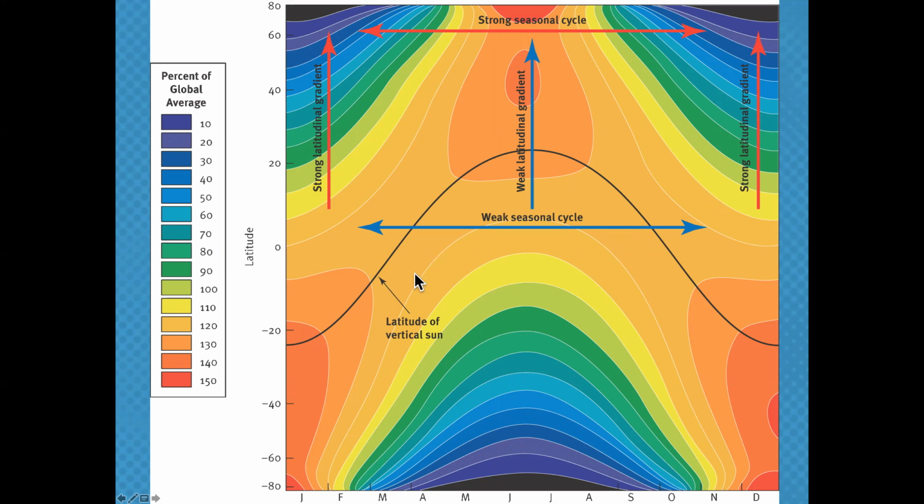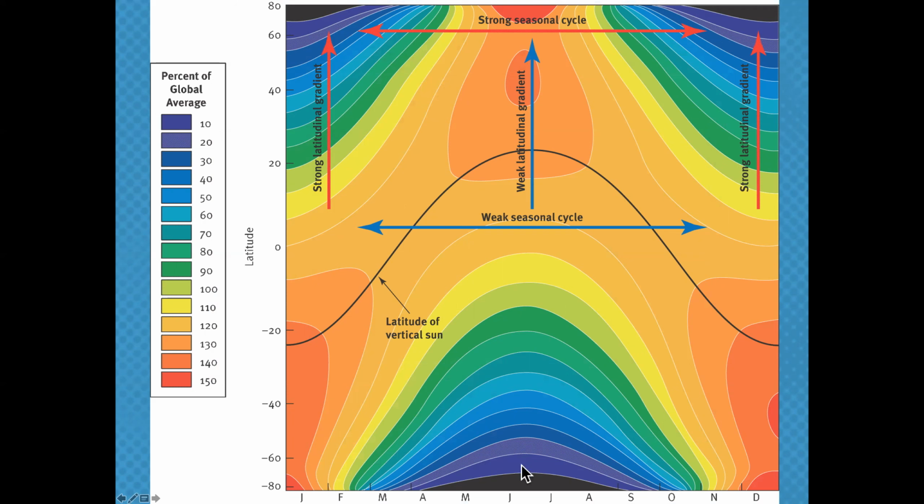There's no change. If you're at the higher latitudes, you go from no energy to a lot of energy to no energy. So the change is really dramatic across the months of the year. We're at latitude 41, so we do have a significant change in radiation.